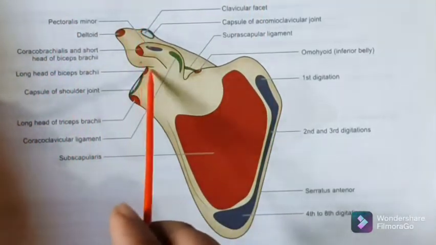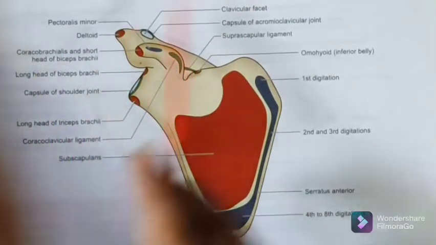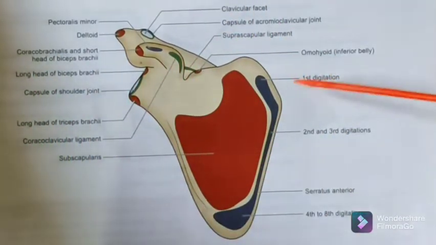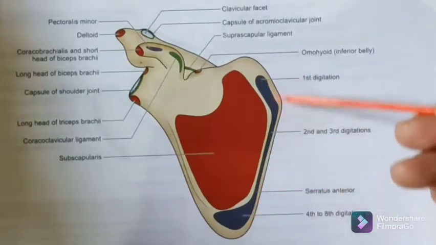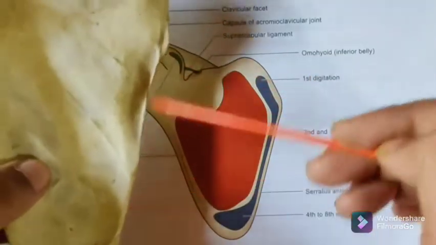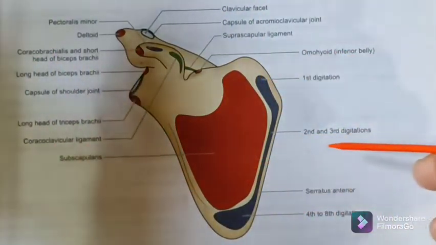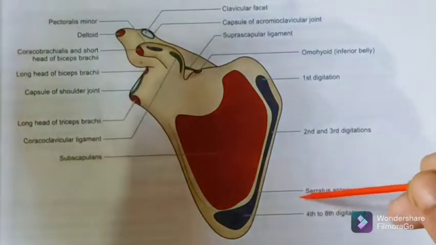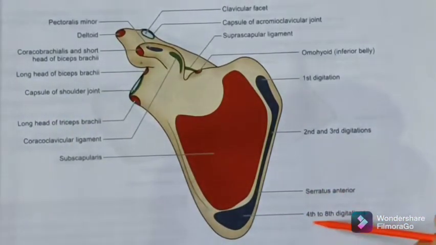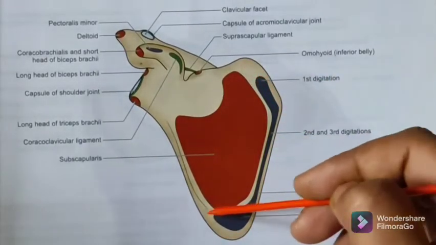I will come across the pectoralis minor and coracoclavicular ligament. And this was the attachment of the serratus anterior in the medial border, costal surface. Here is the first digitation, then the second and third, and the fourth to eighth digitations.